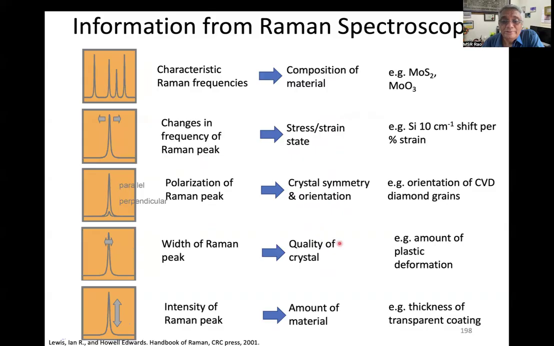Crystal quality can be measured, and intensity measurement, as I mentioned, is always very critical. A lot of optimization has to be done when you start comparing intensities of different materials.